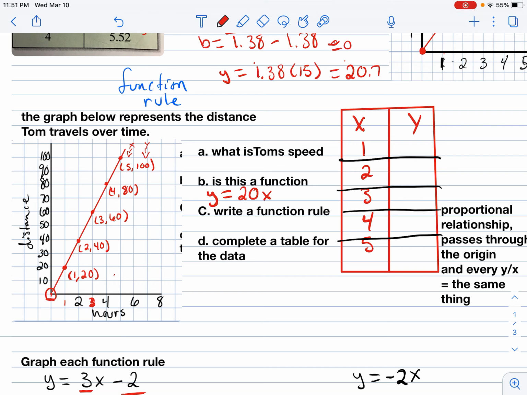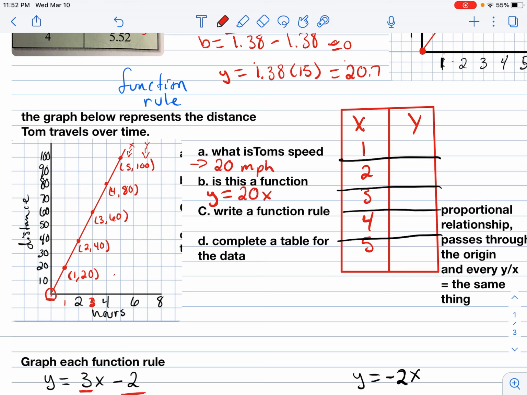So, okay, this first one says, what is Tom's speed? So that speed is what our a value is. So he's going 20 miles per hour. What you'll also notice is that this is your unit rate. So if you go back to proportions and finding unit rate, this is how far he goes in 1 hour.